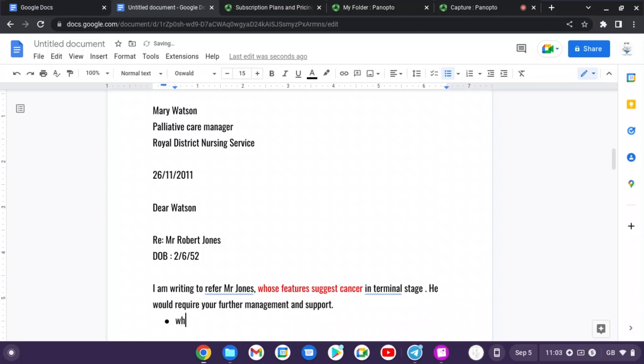So what you have to write is who has been diagnosed with left lung cancer.